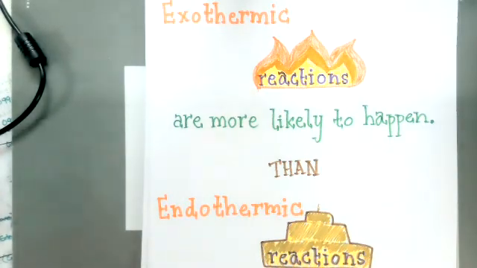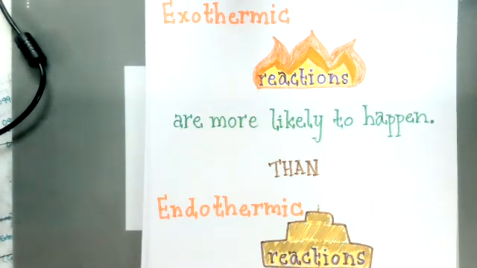Exothermic reactions take in less energy than they give out. So think of fire whenever you think of exothermic reactions, and for endothermic reactions, think of baking a cake. We mix everything in the batter and then we put it in the oven. We need to give it a fixed amount of energy, and then it's going to turn into a cake, right?